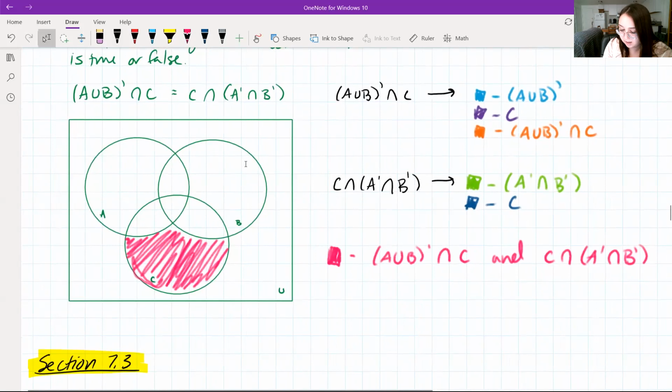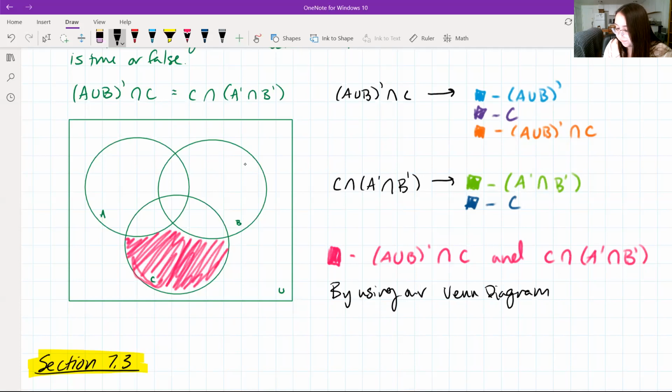So we can say by using our Venn diagram, we get that these expressions are equal.